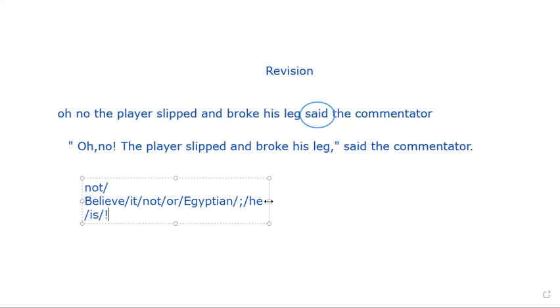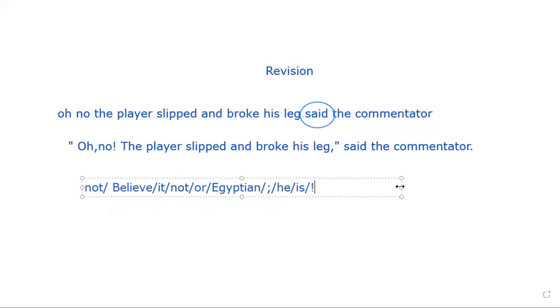So you have this sentence in your writing booklet, and most of you couldn't answer it. So let's look at the answer.